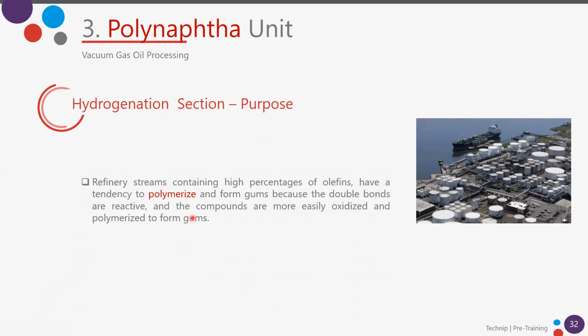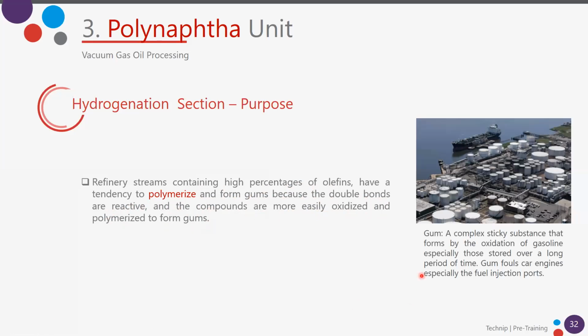Refinery streams containing a high percentage of olefins have a tendency to polymerize and form gums because the double bonds are reactive and the compounds are more easily oxidized and polymerized to form gums, okay? So what is a gum? It's a sticky substance that forms by the oxidation of gasoline, especially those stored over a long period of time.